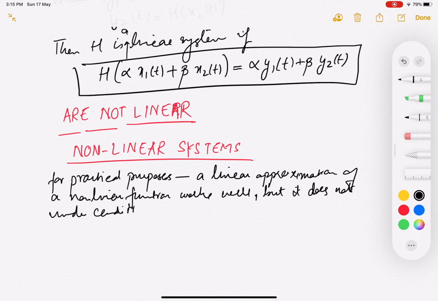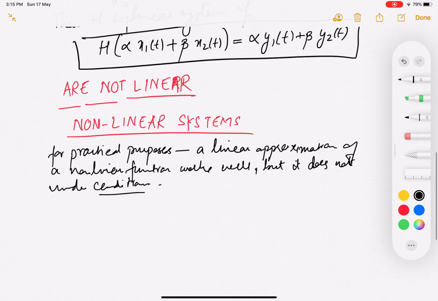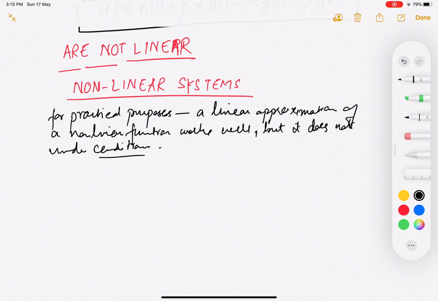So for practical purposes, we study linear systems because they're simpler, but there are many instances where this simplifying assumption will not work. When it does not work, we have to study the system as a nonlinear system.